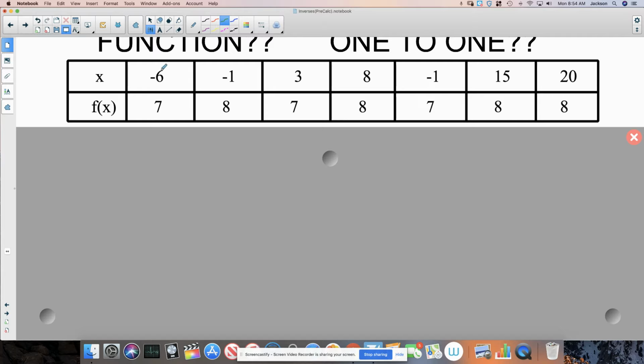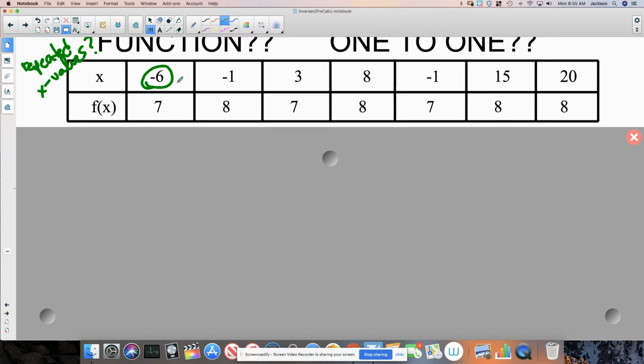Okay, first of all, the test for functions is, do I have one input producing different outputs? So really what we're looking for in a table, and you'll want to make sure you jot this down: when you have a table and the question is asking, is this a function? In terms of a function, we want to look for repeated x values.